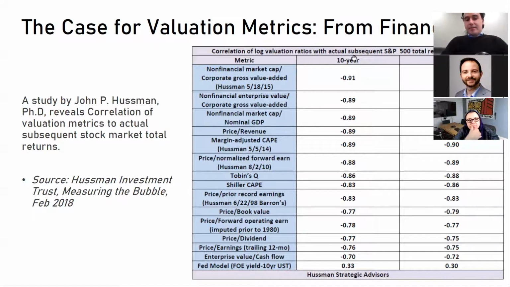The more famous person who does this is John Hussman at Hussman Investment Trust, which is a hedge fund. And he had an article called Measuring the Bubble. Now, I don't know how he has constructed his model, etc.